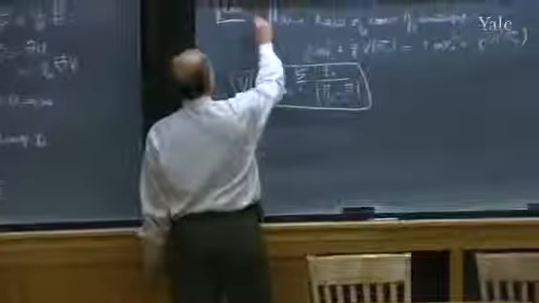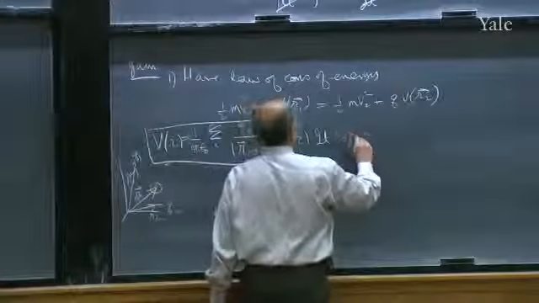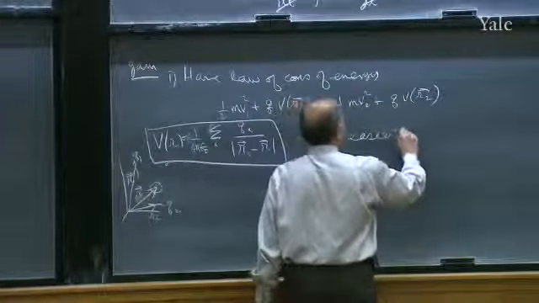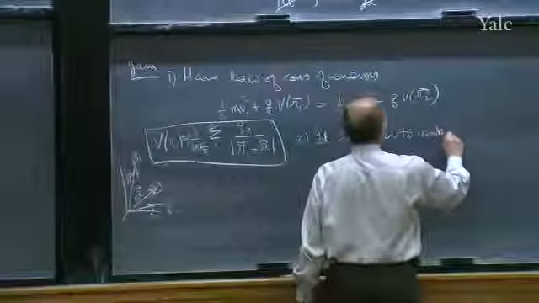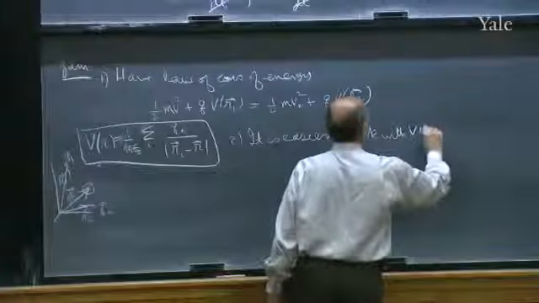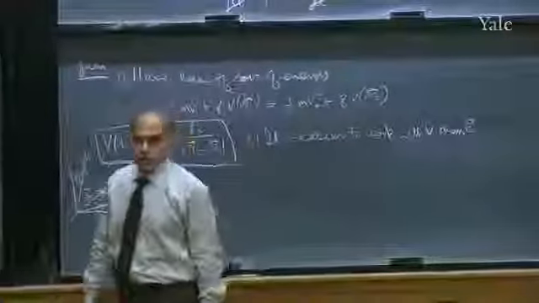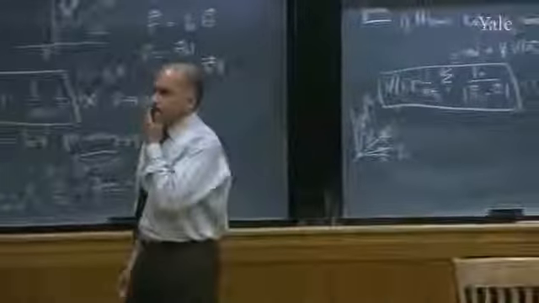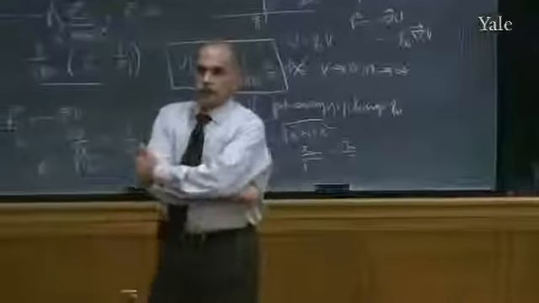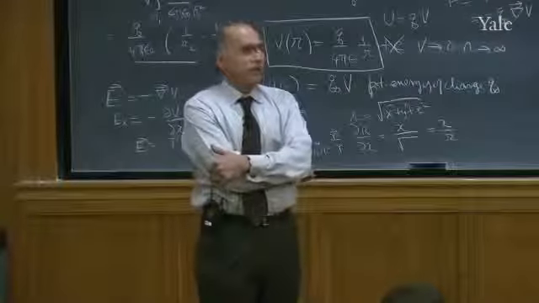The second advantage is that it is easier to work with V than with E. So why do you think it's easier to find V and then find E from it by taking derivatives than the other way around?